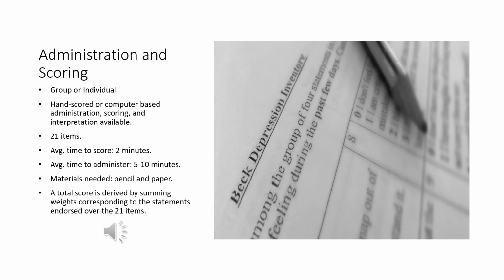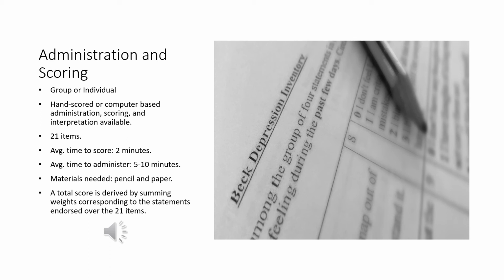You would need to have the manual and video for training to administer and then to interpret as well. And you'll basically just need paper and pencil to do the basic instrument. There are other forms that you can get as far as scoring and reporting are concerned.